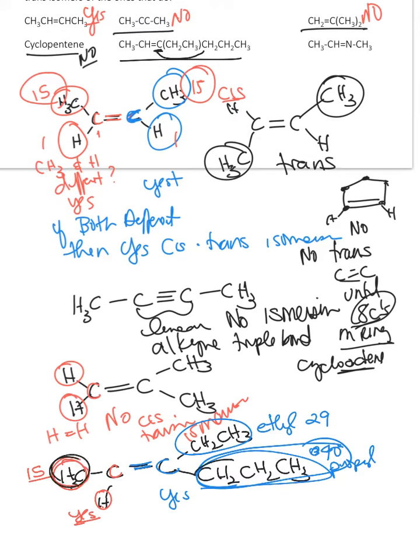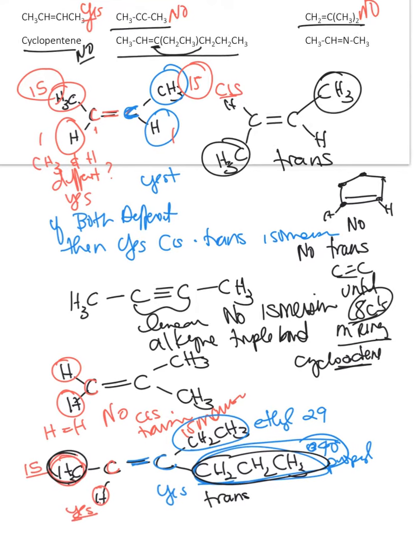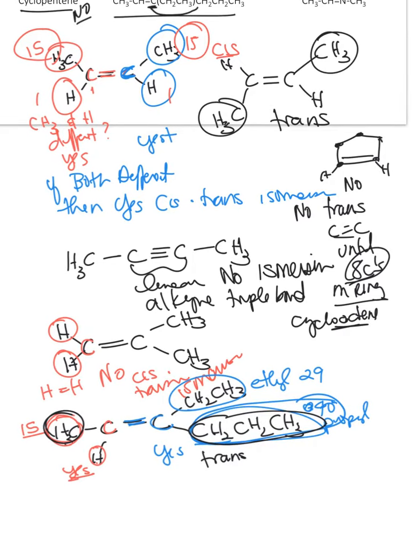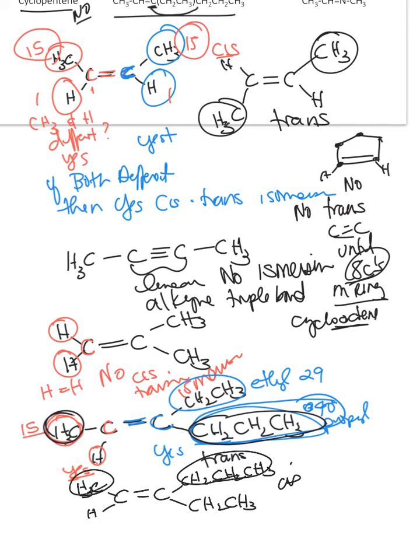Between this methyl group and this propyl, they're on opposite sides, so that would be trans. If you were to draw the cis, you would draw the carbon double bond and put the methyl on the top, then the propyl on the top and the ethyl on the bottom. That would be your cis, because the higher molecular weight groups are on the same side.